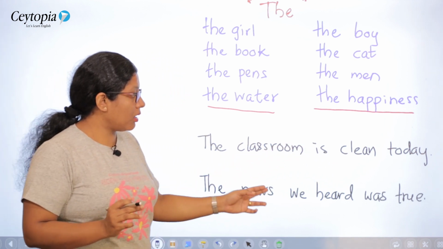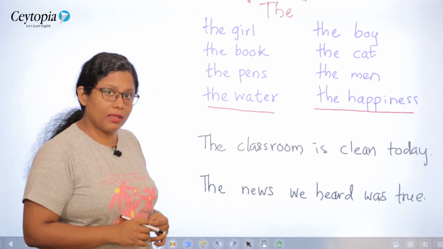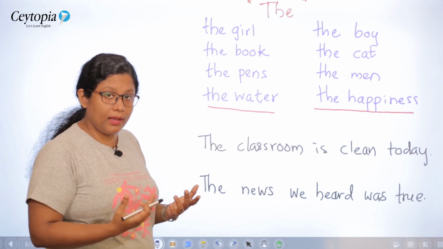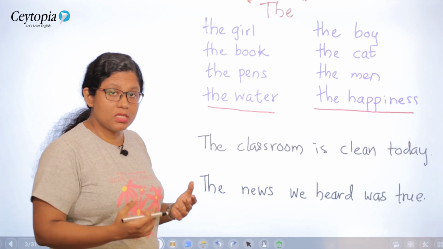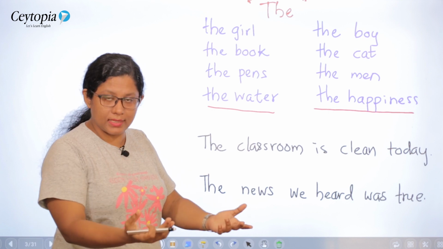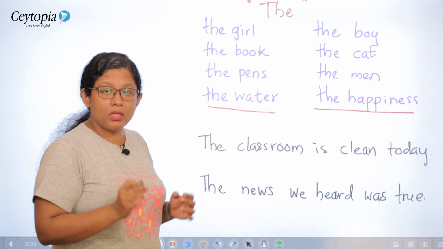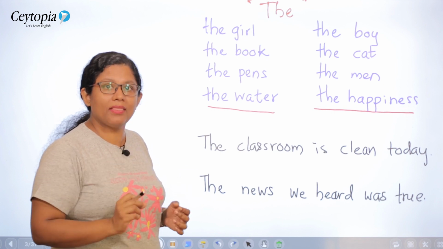The news we heard was true. In these 2 examples, you will get the idea that we are talking about something known to both the speaker and the listener. We talk about known things. We talk about specific, definite things.